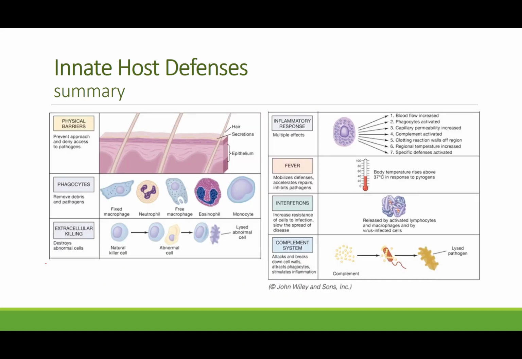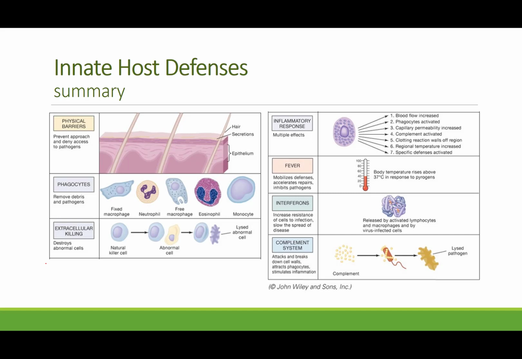Okay, so to summarize the entire chapter, we have this one figure. I think this is a good one to really pay some attention to. So innate host defenses include the physical barriers of skin and mucous membranes. They include the cells that do phagocytosis, so the macrophages, both the wandering and the fixed macrophages, neutrophils, eosinophils, and monocytes.